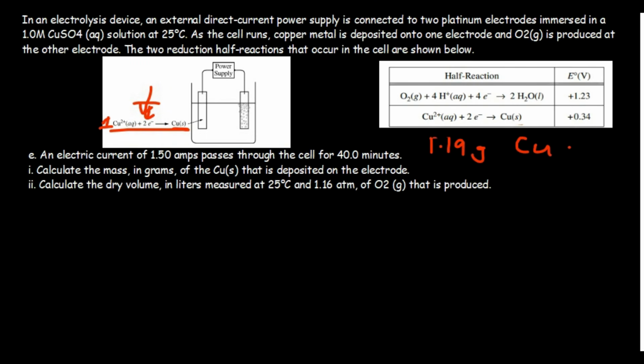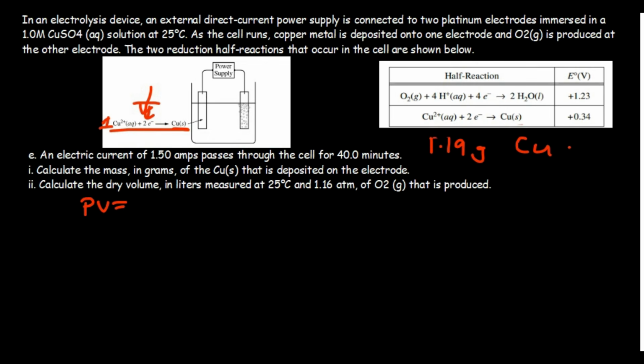So the question says, calculate the dry volume in liters measured at 25 degrees Celsius, and the pressure has been given there. So first of all, without wasting your time, we use the ideal gas equation, because we're dealing with a gas there.